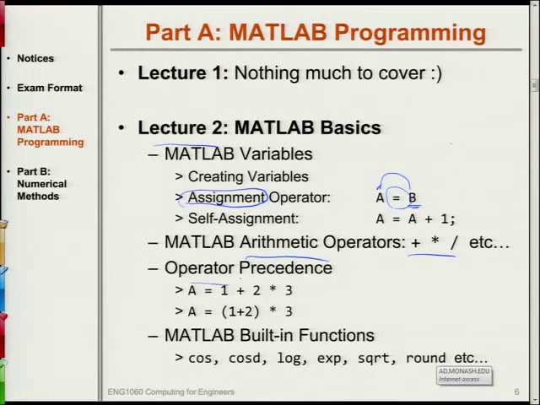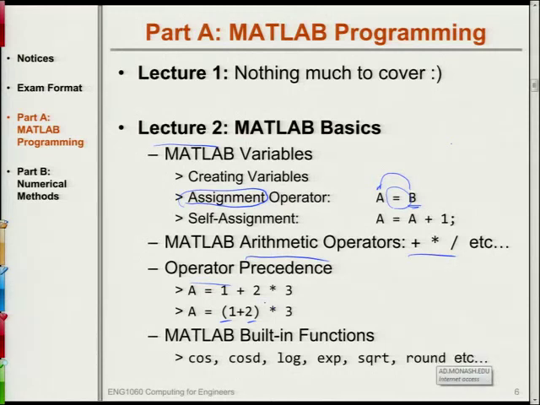There is some operator precedence, and the priority we always remember is brackets first.